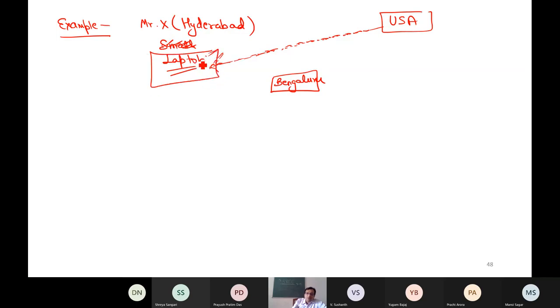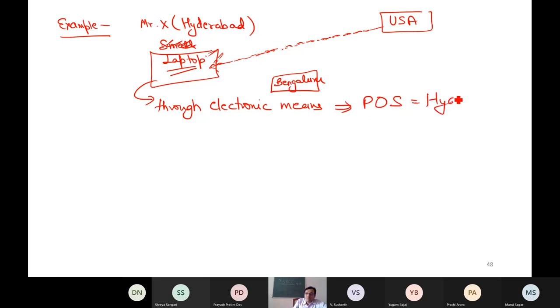So in this case, the services related to the laptop are provided through electronic means from USA, a remote location. In this case, what is the place of supply? Where the goods are situated at the time of supply of services. Hyderabad becomes the place of supply. I hope the concept is clear.